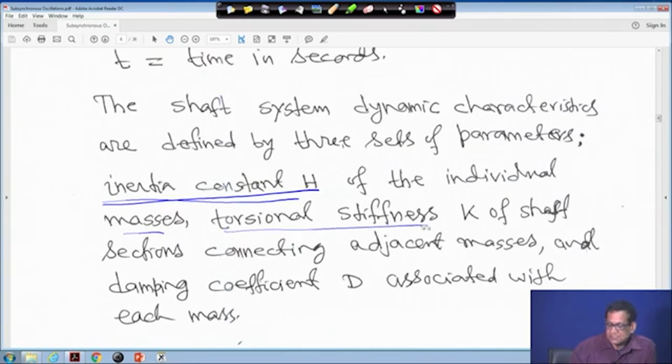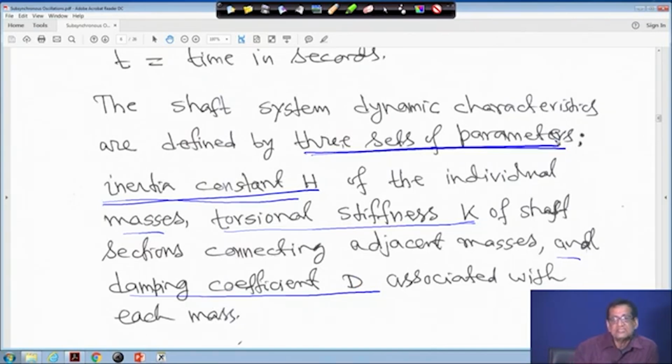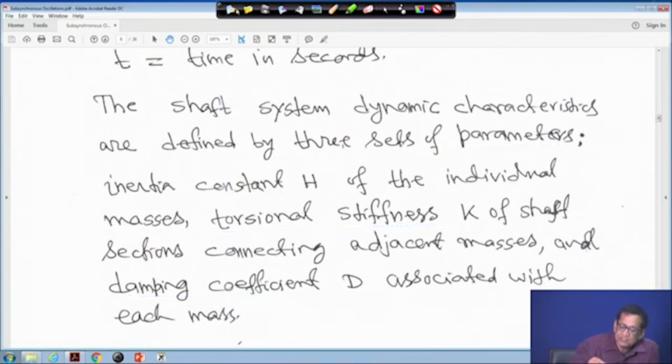Then the torsional stiffness K of the shaft, that is the different shaft sections, 1 to 2, 2 to 3, given as K12 in figure 1, connecting adjacent masses. And the damping coefficient D. So, these are the 3 sets of parameters by which we can define it.